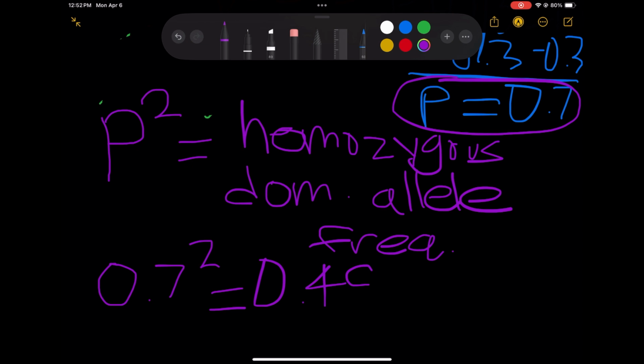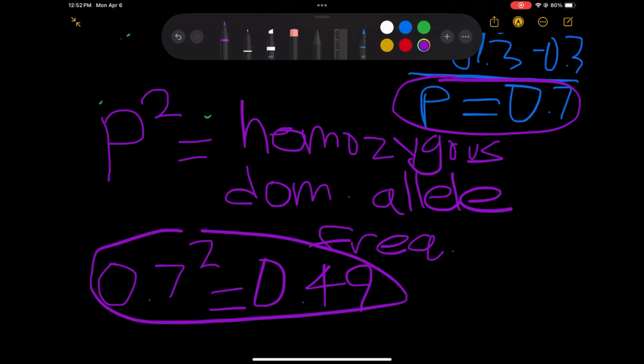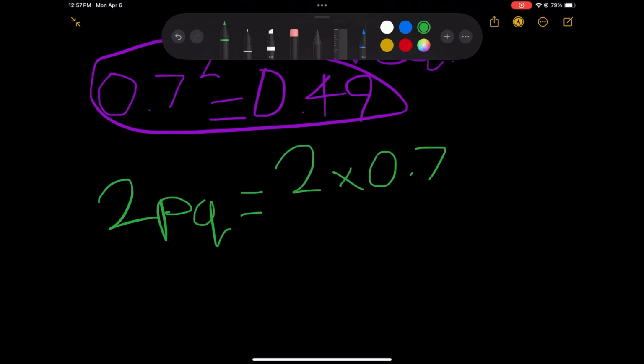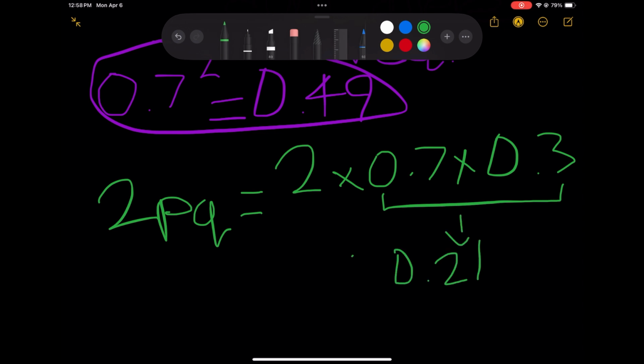And now, the final thing you're going to do is calculate the heterozygous frequency. The heterozygous frequency is represented by 2pq. When you plug in your p and q values, you get 2 times 0.7 times 0.3.